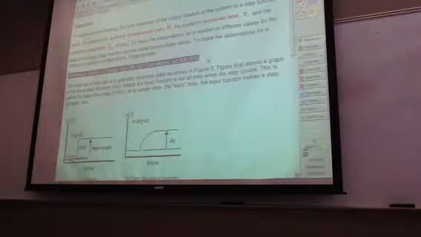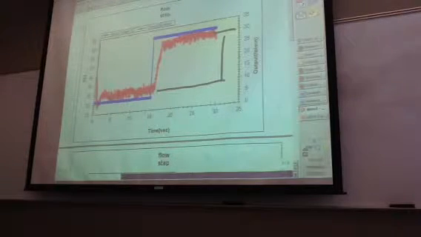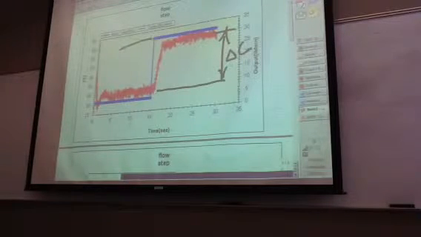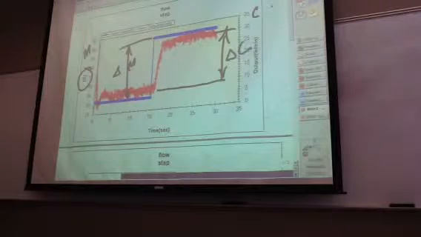I think that's all I was going to talk about today. I was going to show you this. Okay, here's one. Let me do the experiment right quick. So I will measure this distance. That's delta C. Measure this distance. That's delta M. And M is over here. And C is over here. Then I draw, as best I can, a straight line through where the steepest slope is.